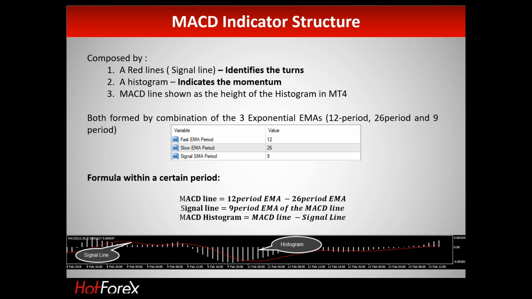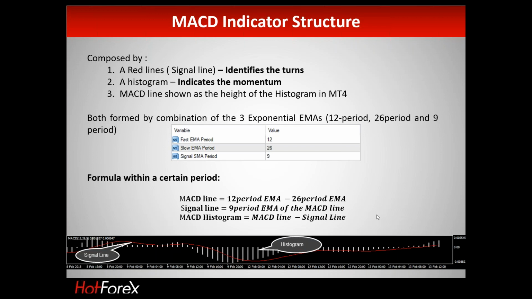The MACD line is not shown in the MT4 indicator, because it's not something that we really need, since we have the signal line. However, the signal line is calculated based on the MACD line.